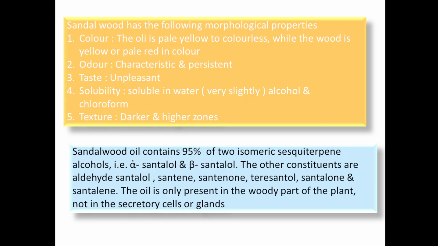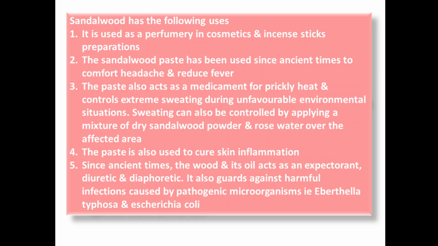Whereas in case of ginger, the oleoresin contains volatile oil in secretory cells, or sometimes oil is present in glands, but in case of sandalwood it is present in the woody part. Sandalwood has the following uses. It is used in perfumery, in cosmetics and essential preparations.